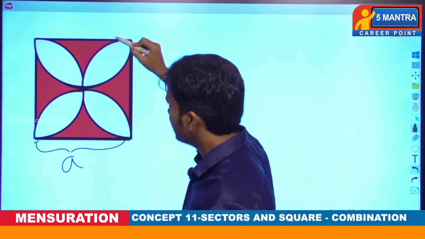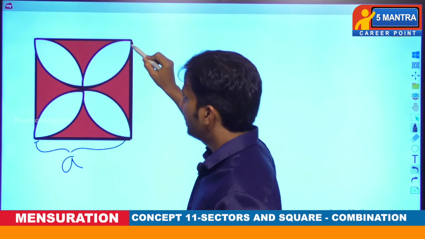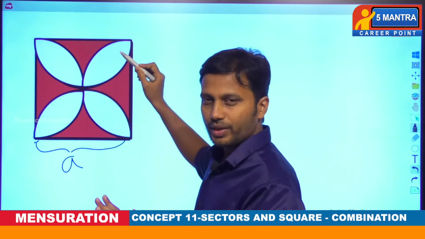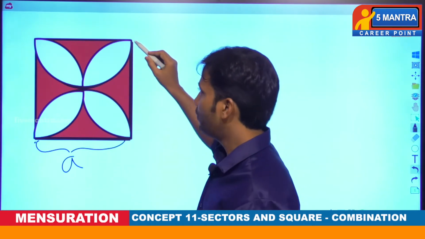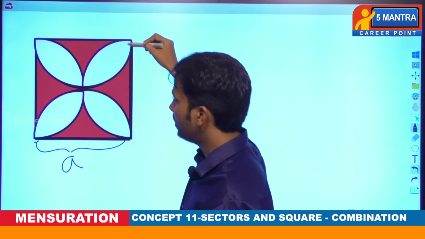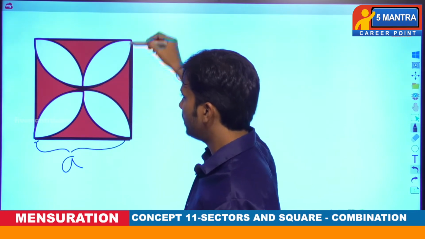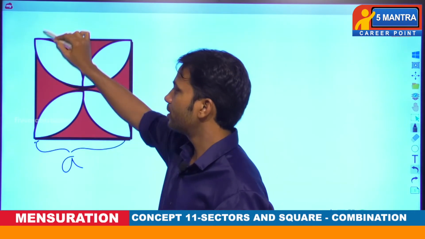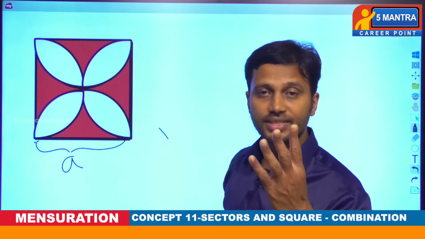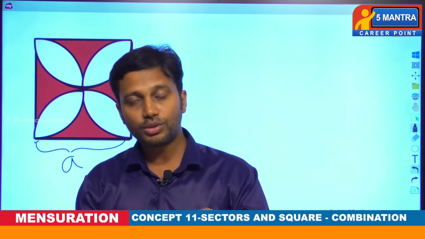And is this a semicircle or not? Here inside a square, how many semicircles are inserted? Exactly 4. Why? Because this is one semicircle, and this is another semicircle, and this is another semicircle, and finally this is also one more semicircle. That means total 4 semicircles are inserted into the square.